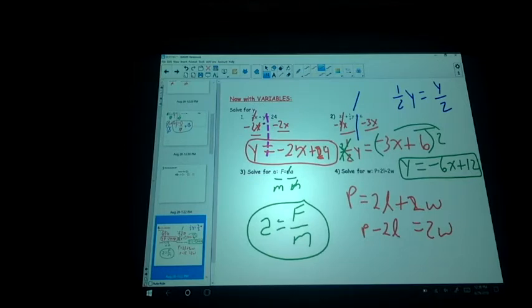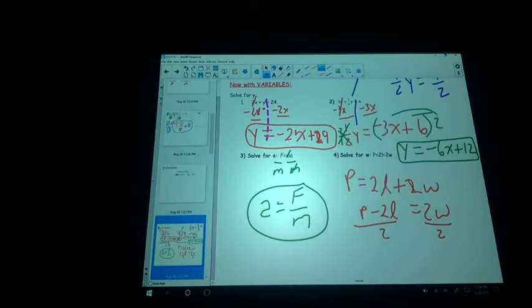Multiplication. Cancel, so I get W is equal to P minus 2L divided by 2.